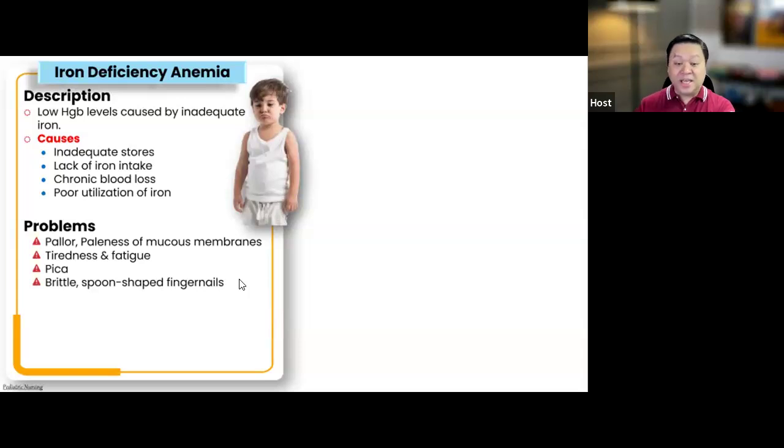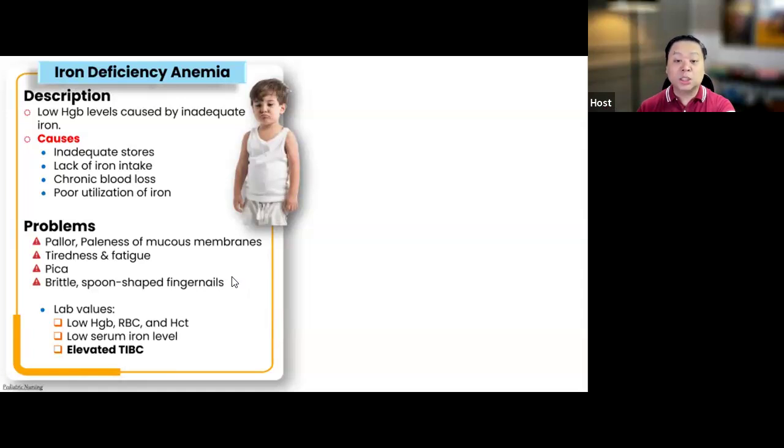Now, when we are looking into the medical record of our patient, it is expected that there will be changes in the complete blood count, and it's very common that you will see right away a low hemoglobin count, red blood cell count, and also the hematocrit, which will tell you the concentration of the red blood cells in the blood.